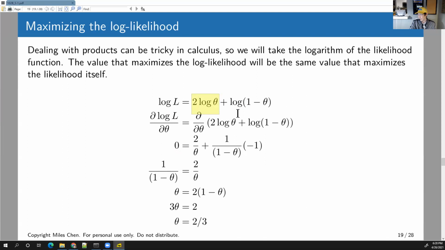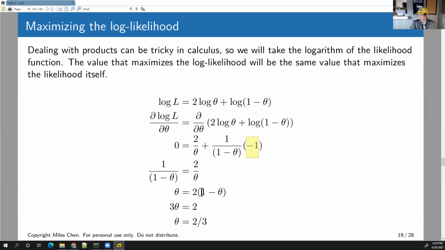Okay, so anyway, you take the log and theta squared becomes 2 log theta, and the log of 1 minus theta is log of 1 minus theta, and then we take the derivative of this. The derivative of the log becomes 2 over theta, and then the log of this is 1 over 1 minus theta. With chain rule, it becomes -1. You multiply by -1. So then I move it over to the other side and multiply both sides by the denominator.